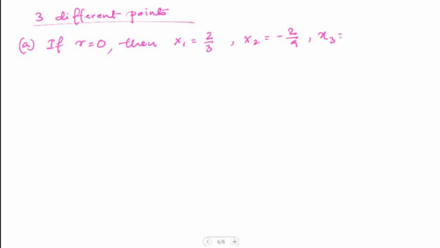For x3, the value is 5 over 9. And for x4, the value is r itself, so that's 0. So the point is x1 equals 2 over 3, x2 equals minus 2 over 9, x3 equals 5 over 9, and x4 equals 0. And this is a solution of the given system.